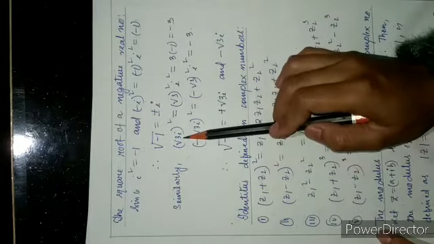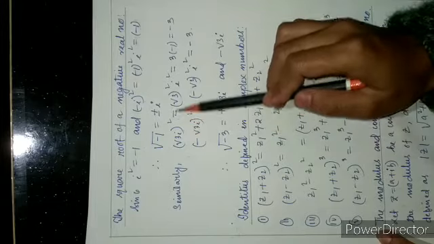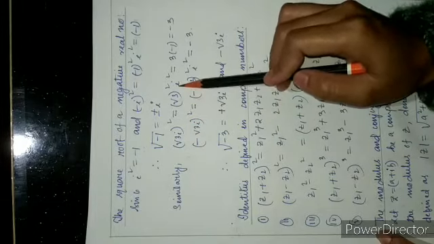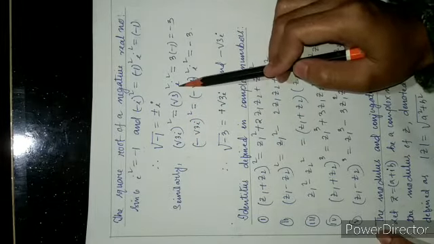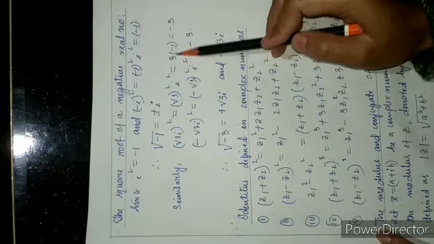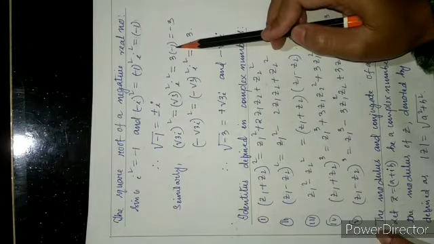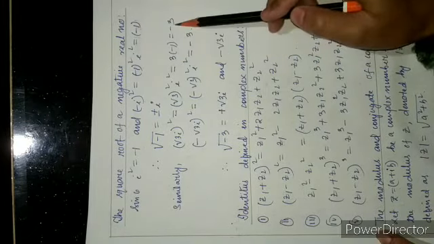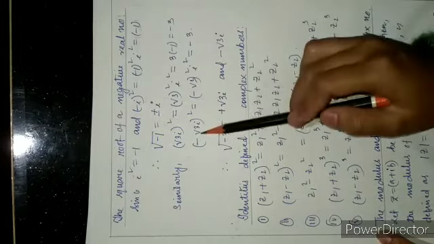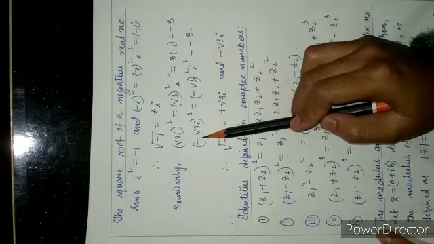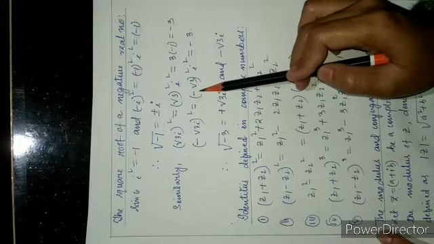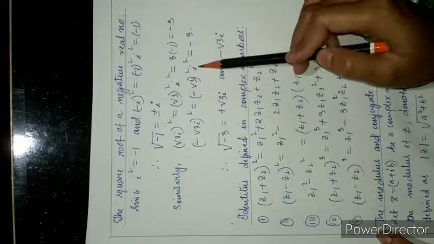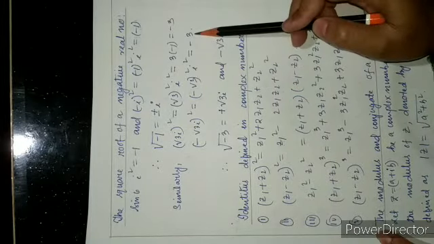Similarly, root over 3i whole square is equal to root over 3 whole square into i square. Root over 3 whole square is equal to 3, and the value of i square is equal to minus 1, and the product of 3 into minus 1 is equal to minus 3. And minus root over 3i whole square is minus root over 3 whole square into i square, which is equal to minus 3.